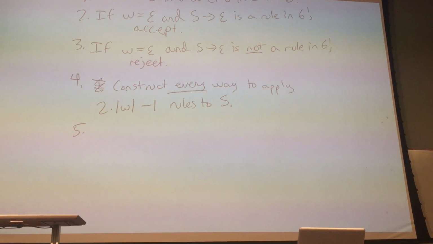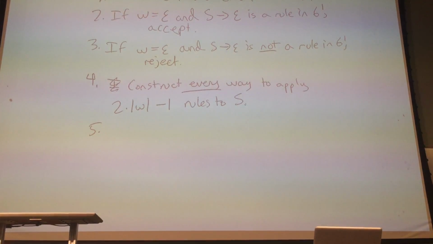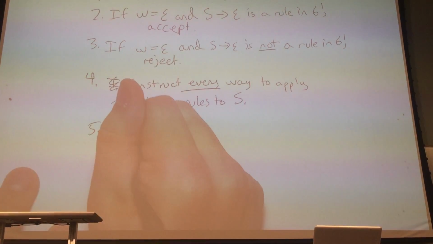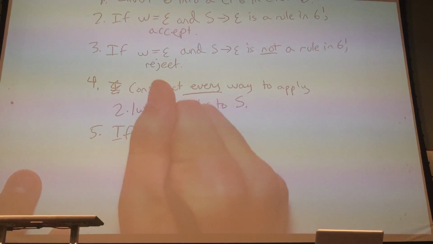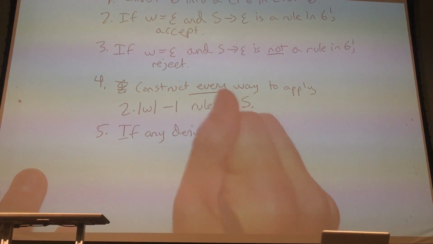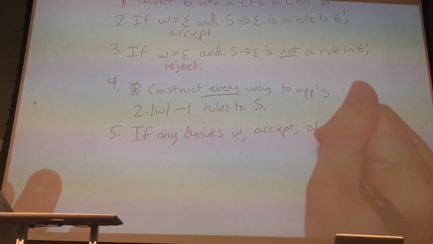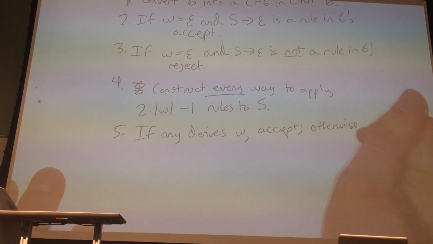Well, if any of them generate W, then we should accept, right? Because there was a way to derive W. So, if any derives W, accept, otherwise, reject.